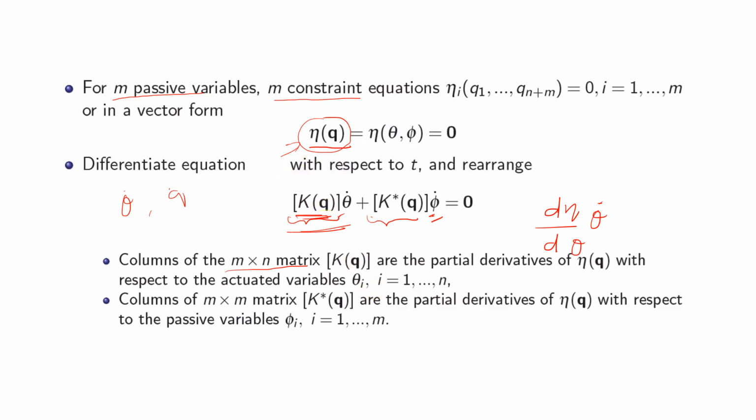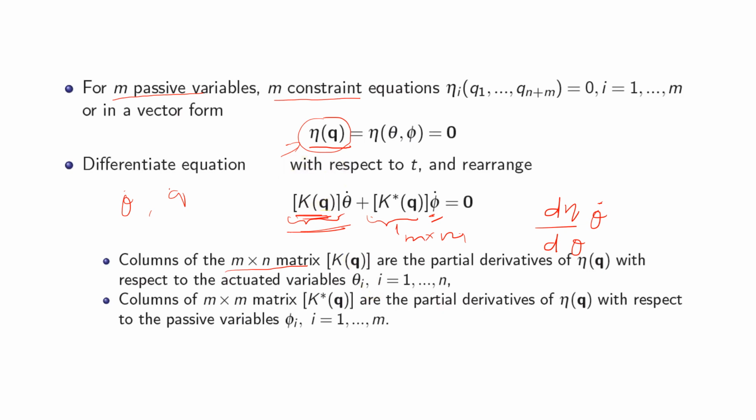Likewise, K star of q is an m cross m matrix. Why? Because there are m constraint equations, and we take the partial derivatives of eta of q with respect to the passive variables phi, which are m of them, times phi dot.